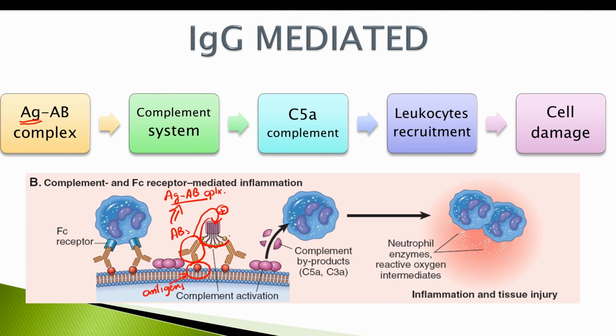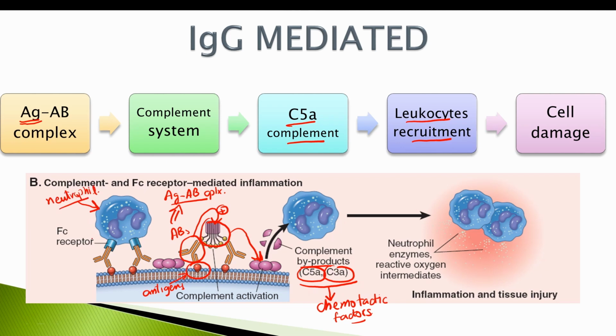The activated complement system results in the production of byproducts such as C5a and C3a. So these byproducts are actually chemotactic factors and they result in the recruitment of the leukocytes. As you can see here, this is a neutrophil which is recruited by the C5a byproduct of complement system.